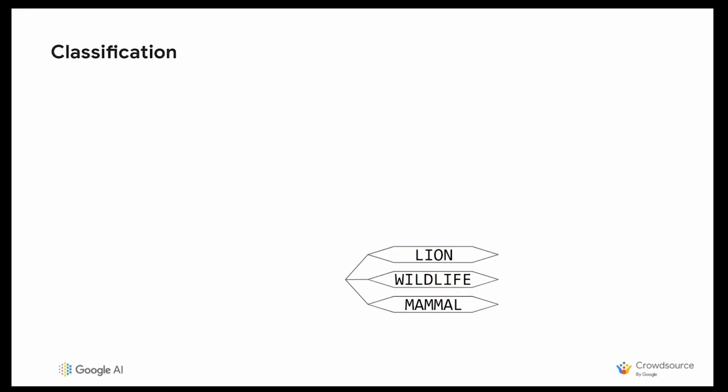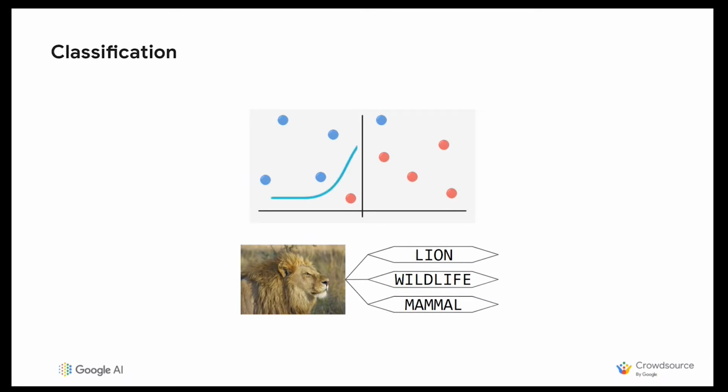Now let's get into the different types inside machine learning. The first type that we normally hear about is classification models. Classification models basically try to classify. You have a limited number of classes, and the model classifies the input into a particular class.